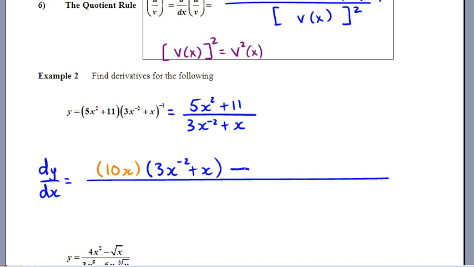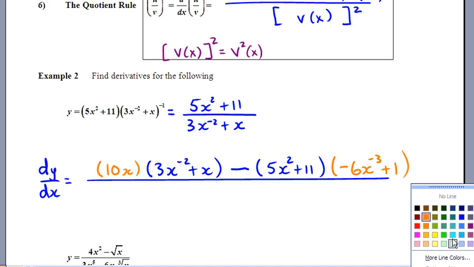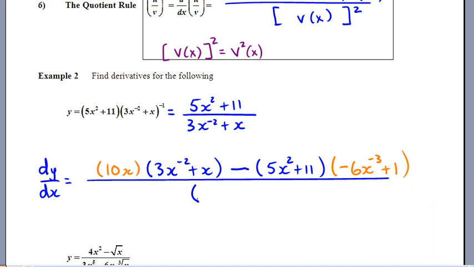Then a subtract, because we're doing the quotient rule. Leave the top, and then the derivative of the bottom. Just going to do some power rules here. Looks like I'll have a -6x to the -3 plus a 1. All sitting on top of that bottom, that denominator squared.